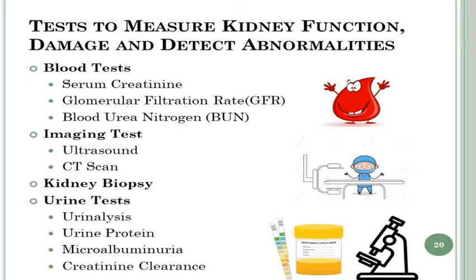Here's a quick guide to the tests which are used to measure kidney functions. Most importantly, the blood test. With a blood test, doctors check the serum creatinine level present in our blood. Creatinine is a waste product that comes from the normal wear and tear of the muscles of the body.